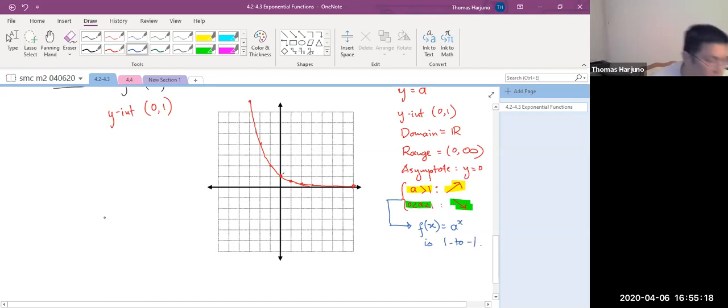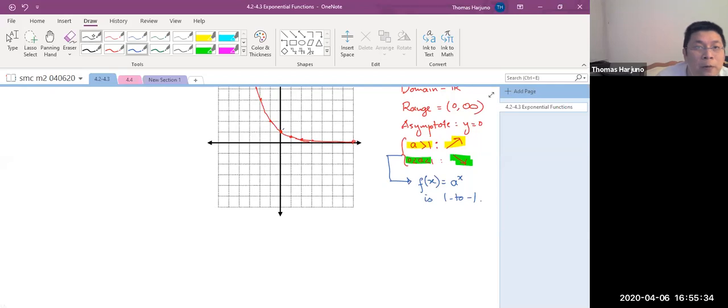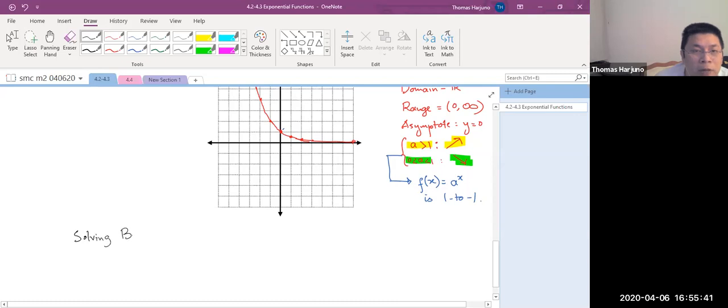Okay, and that property becomes an important property for us to solve some basic exponential equations. Let's see, for example, I pick number 2.